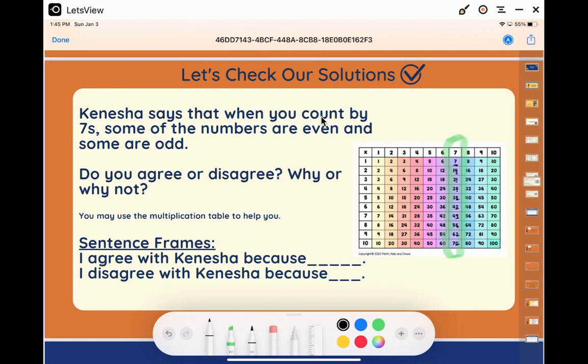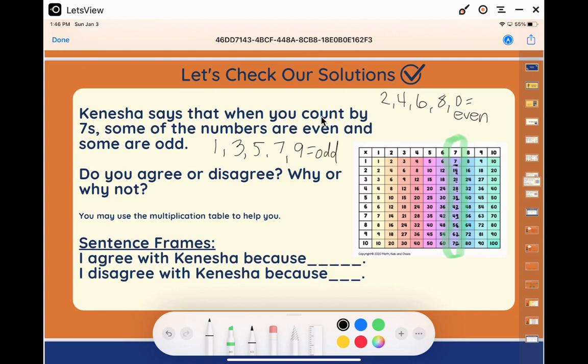All right, let's see. We talked about what digits or what numbers were even and what numbers were odd yesterday. As a reminder, 2, 4, 6, 8, and 0 are even, and 1, 3, 5, 7, and 9 are odd.